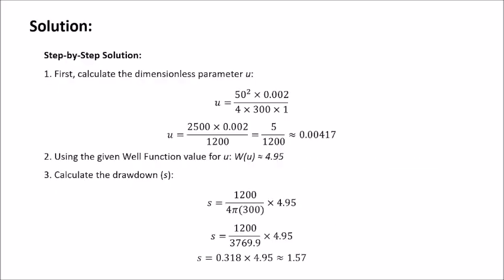Looking this up in our Theis table gives us a well function, or W of u, of roughly 4.95. By plugging this into our main equation, we find the drawdown at the farmer's well will be exactly 1.57 meters after 24 hours. This proves that groundwater reactions are not instantaneous; the cone of depression expands over time.